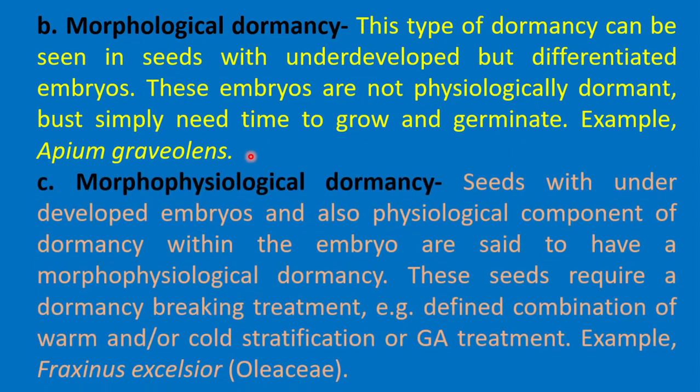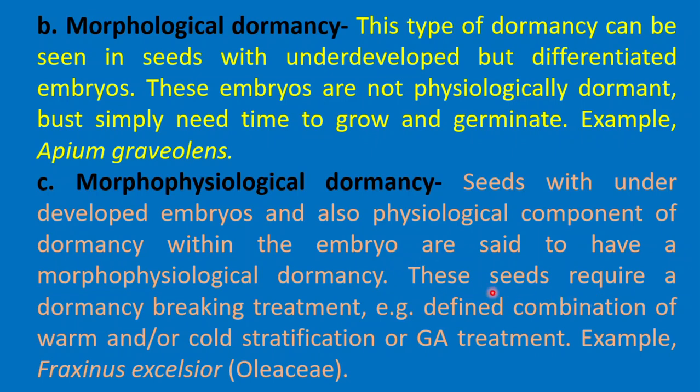Then the third type of endogenous dormancy is morphophysiological dormancy. So it is a combination of both, that is, morphological and physiological. Seeds with an underdeveloped embryo and also physiological components of dormancy within the embryo are said to have morphophysiological dormancy. So for such dormancy, both morphological and physiological components are responsible.